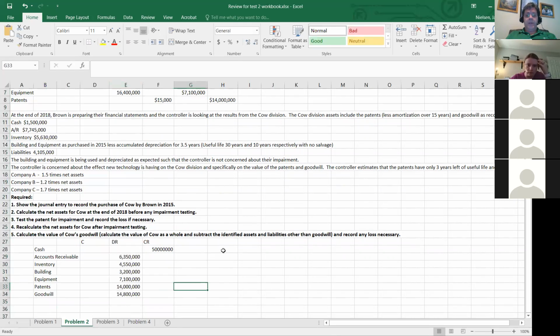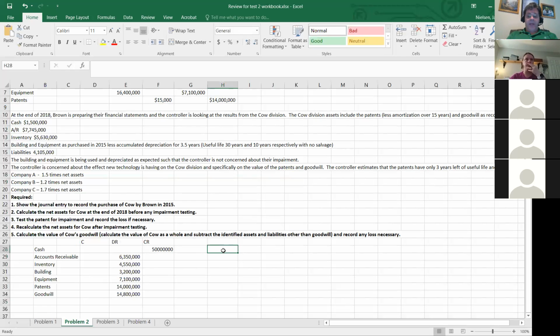So we fast forward 3 years or so, and we're at the end of 2018, and we are looking at this company's financial statements for the cow division. This division is operating independently, which is very similar to what happens in real life.